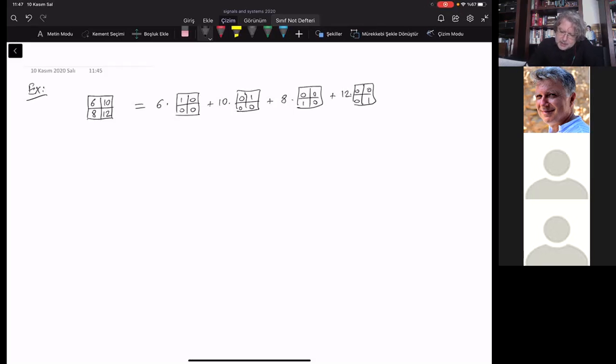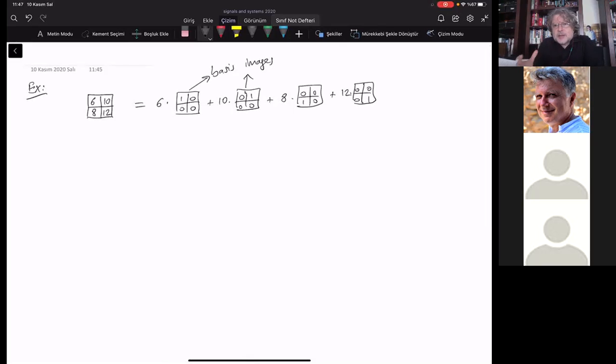Now these tiny little 2 by 2 images in the raster scan order that I have drawn are actually basis images, the impulses in 2 dimensions. The impulses in 1 dimension were basis signals, and their shifted versions make the basis signals. Now these make the basis images.